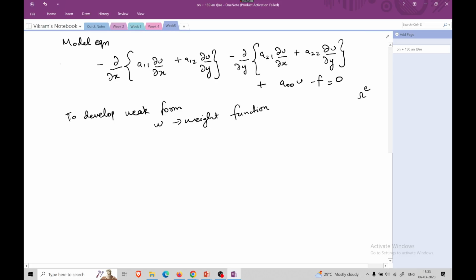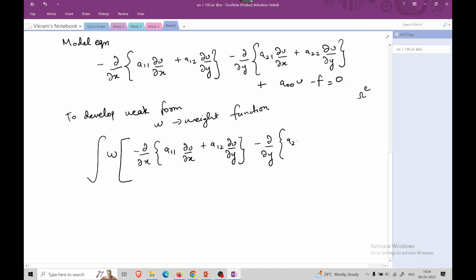So let us say this is the whole thing. I am going to integrate the entire equation, w into minus dou by dou x of a11 dou u by dou x plus a12 dou u by dou y, minus dou by dou y of a21 dou u by dou x plus a22 dou u by dou y, plus a00 u minus f.